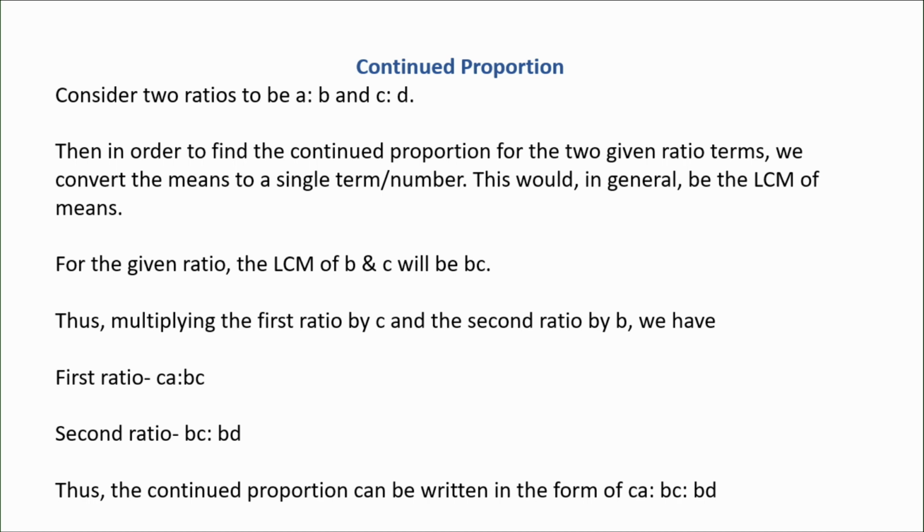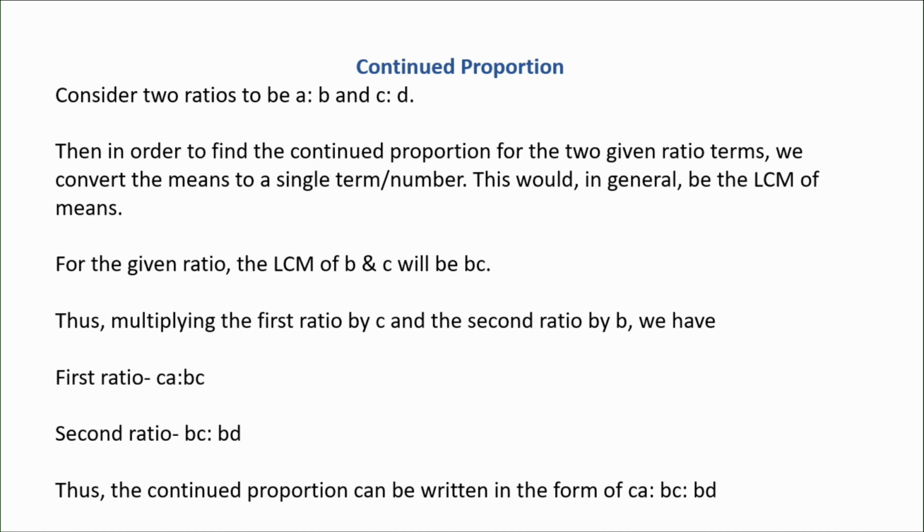Now, coming to the continued fraction or mixed fraction, that is, A is to B and C is to D are two ratios. In order to find the continued fraction, if two ratios are given, we convert the means to a single term and number. This should be the LCM of the means.